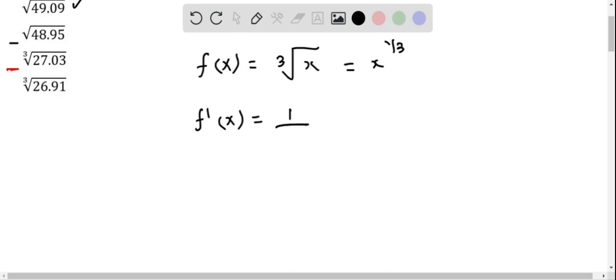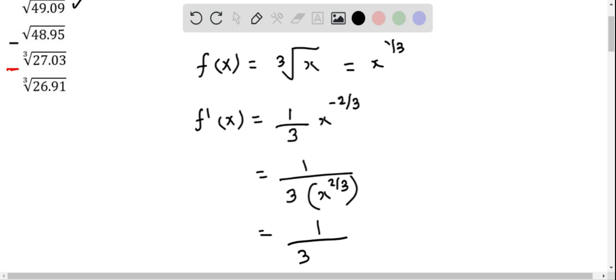When we use the power rule, it will be 1 by 3 x power 1 by 3 minus 1, which is negative 2 by 3. So we can write this as 1 by 3 x power 2 by 3. Therefore this is equal to 1 by 3 times the cube root of x squared.